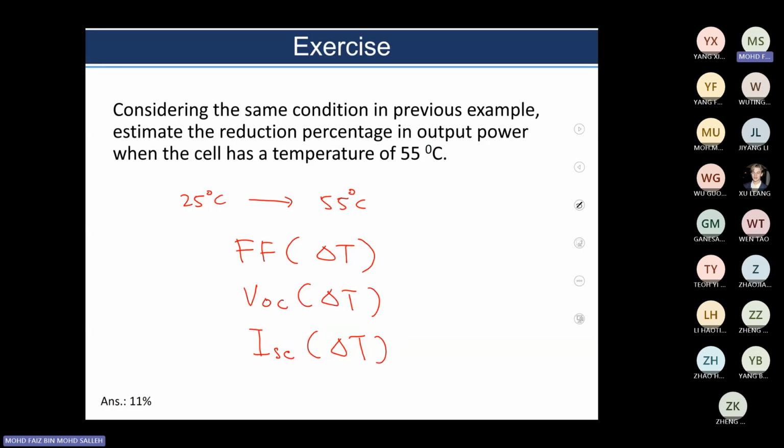Roughly, you can compare how much percentage the power output has reduced. Try to calculate it, and you will find that with an increment of 30 degrees, you will lose 11% of the output of the solar cell.